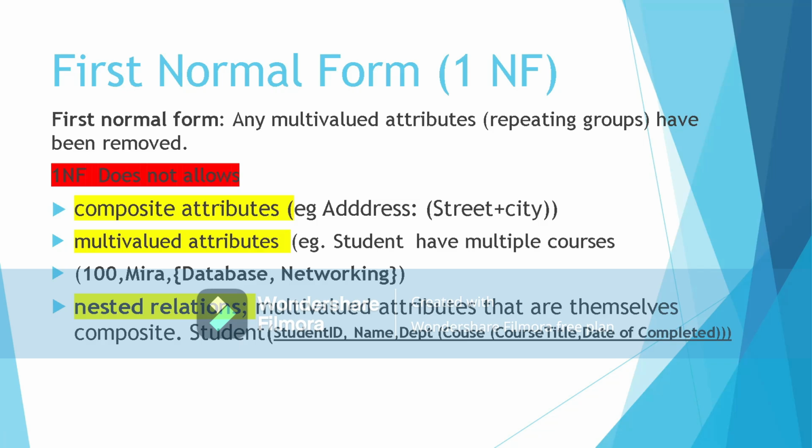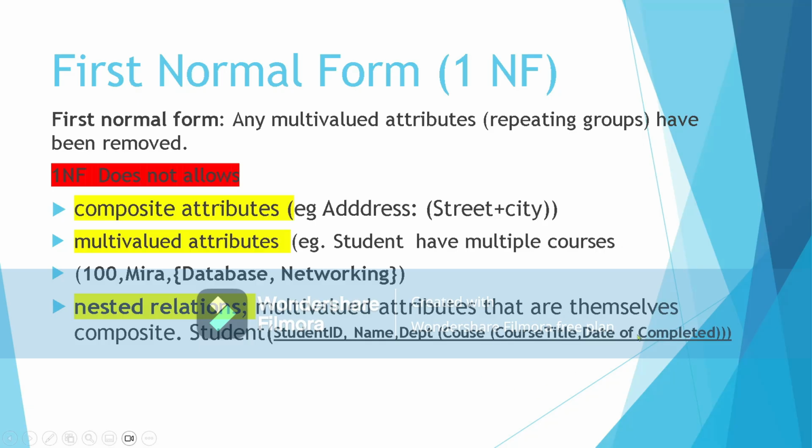Nested relations means nesting of a table. For example, student is a table in which student ID, student name, department is given, as well as the attributes of course table are also shared.